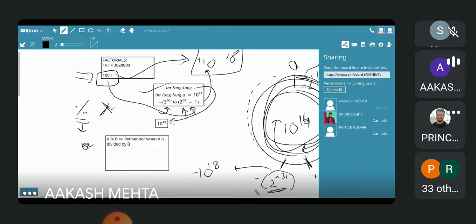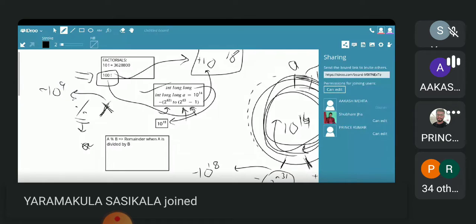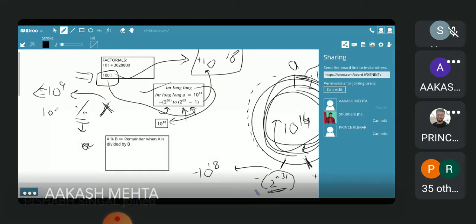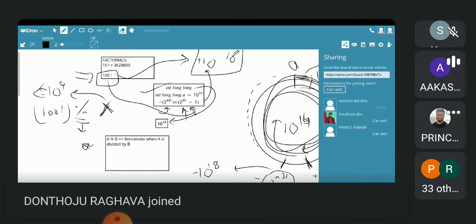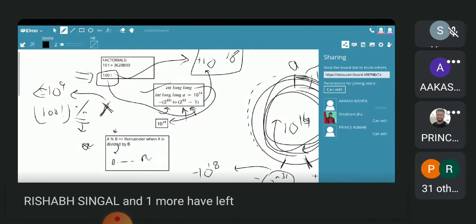Because if x is in the integer range, or under 10 to the power 9, then when you divide by b, the remainder can only range from 0 to b minus 1.